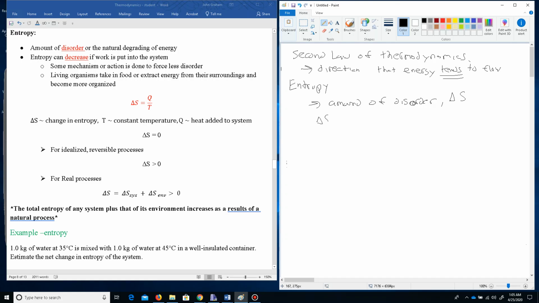So delta S increases with no work being done. Okay, so the only way we decrease S is to put work into the system. So delta S itself is equal to Q over T.